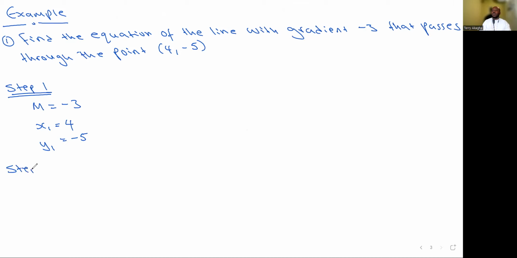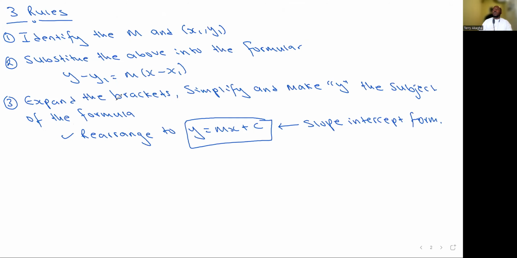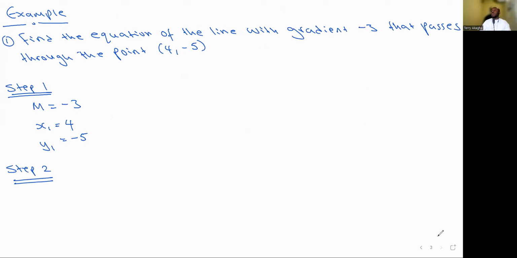Step 2, when we are done, you substitute the above into the formula, y minus y1 is equal to m times x minus x1. So it's going to be y minus y1, which is minus 5, is equal to m, which is minus 3, times x minus x1, which is 4.